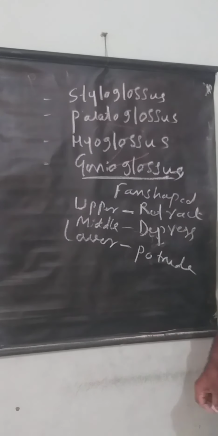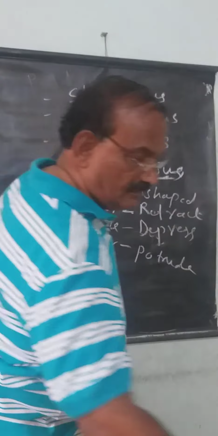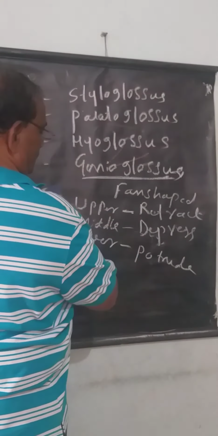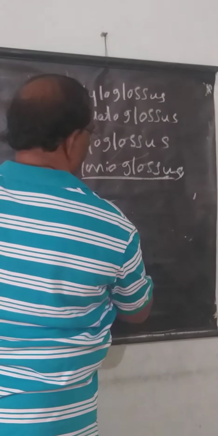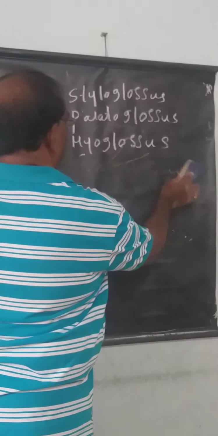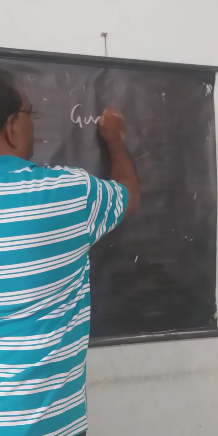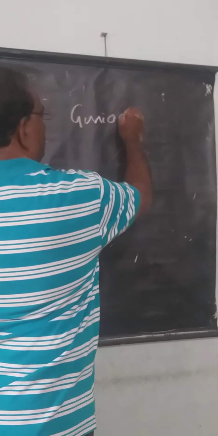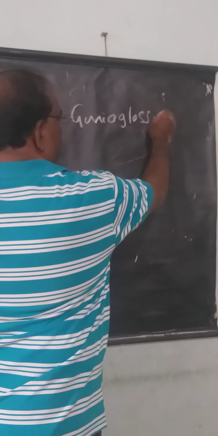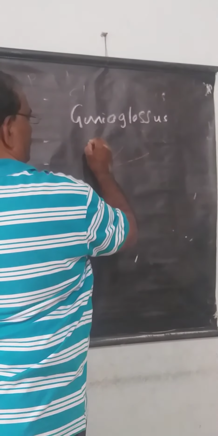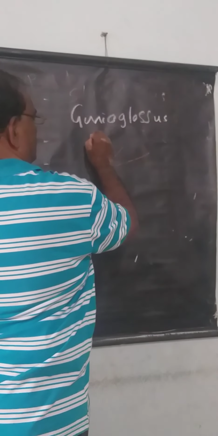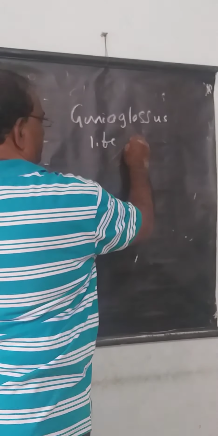Hence, among these muscles, genioglossus is called the life-saving muscle.